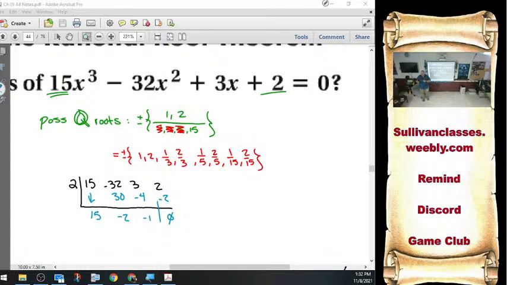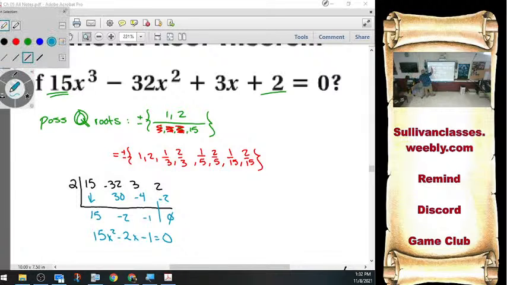I just took a cubic and I divided it by a linear factor. What is my result? A quadratic. If this is a quadratic, can't I factor the quadratic now? If there are more rational roots? Well, nice thing, there's a 1 over there.